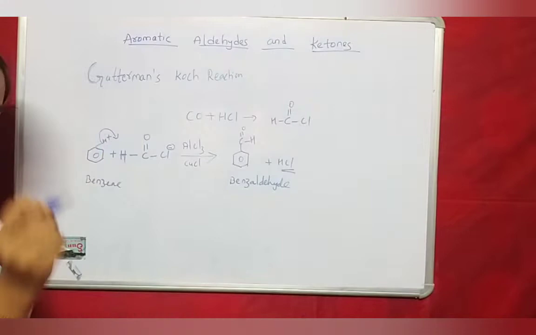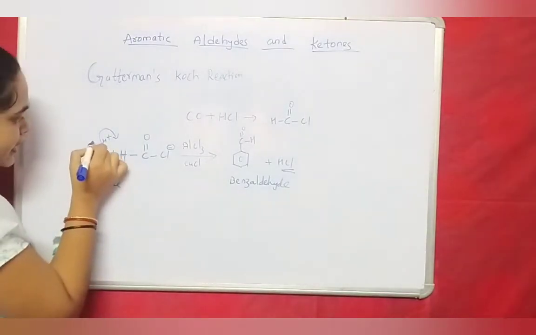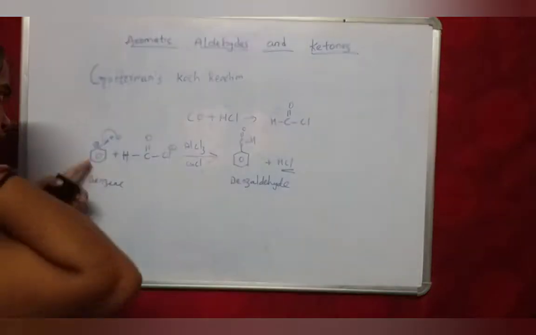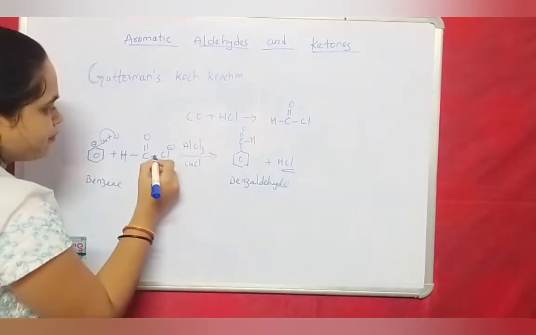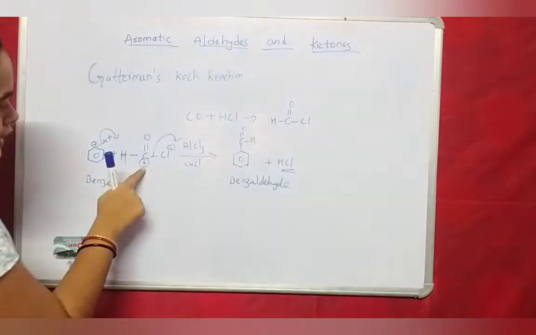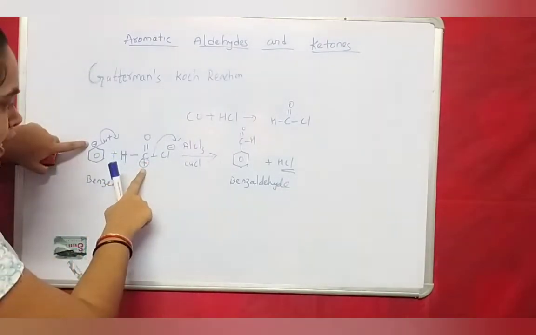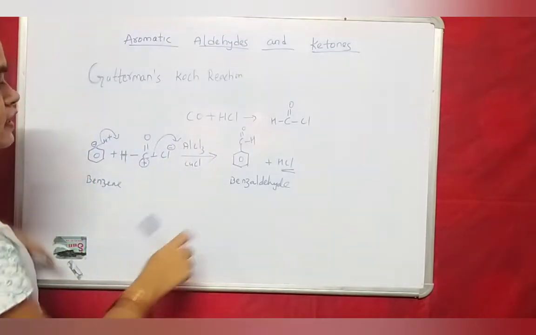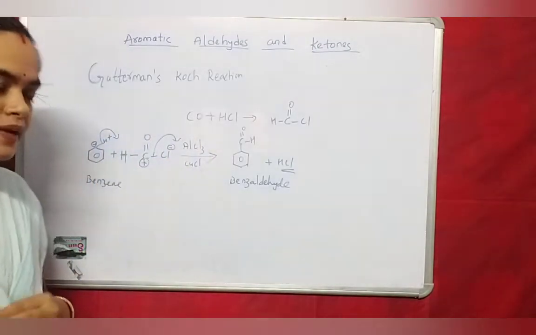So if H plus is removed, here we get a negative charge. To this negative charge carbon, see, if Cl minus is removed, this carbon gets positive. To this negative carbon, positive carbon COH is attached to form benzaldehyde.